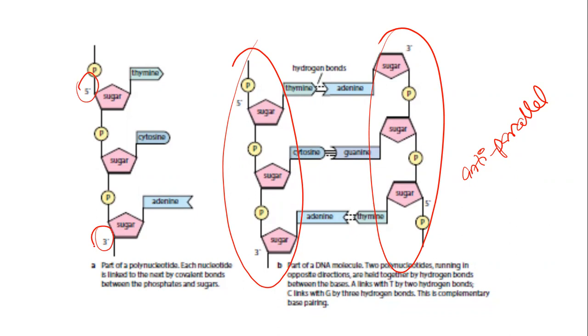Okay. So for example, if I take a look at this particular carbon, this is my phosphodiester bond. Hold on, let me just see if I can find a better picture.